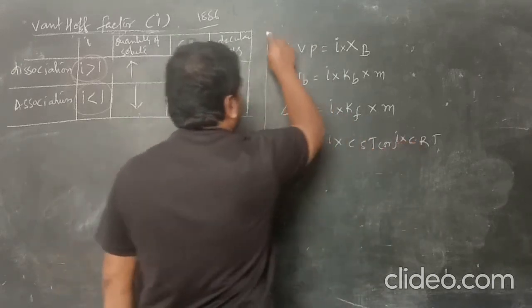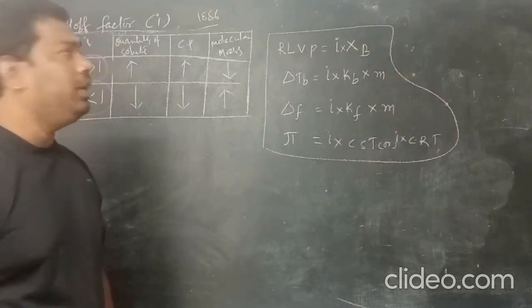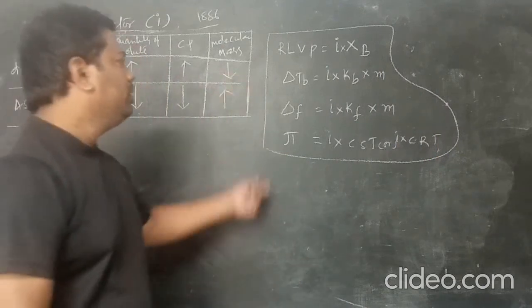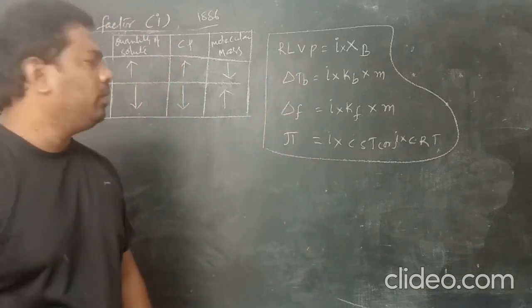So these are the changes in colligative property. So Van 't Hoff introduced the Van 't Hoff factor i. These formulas are very important. Okay, clear, students?